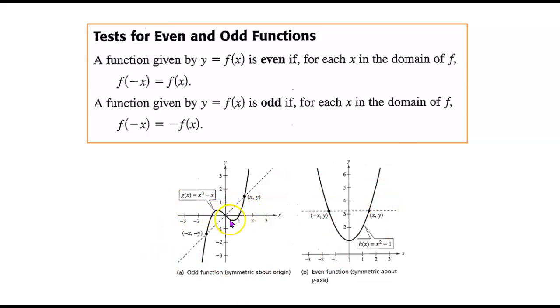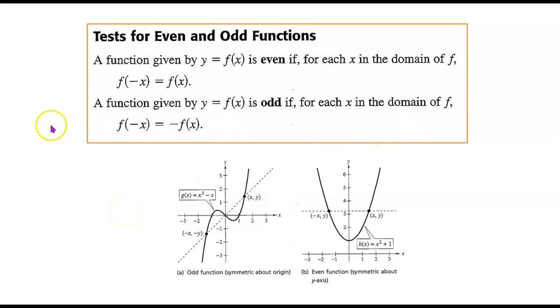And an odd function is going to have a graph that is symmetric with respect to the origin. So every point on the graph, you've got your x-coordinate, and then the y that goes with it is f of that x. If you have another x-coordinate that is the opposite, negative x, the y that goes with that is f of that negative x, which is the opposite of f of x.